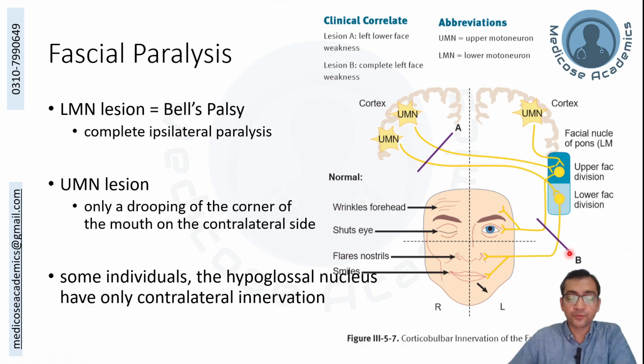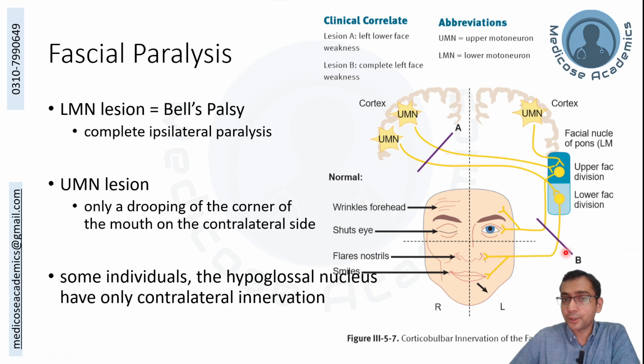Whenever you are confused whether the axon I am talking about is lower motor or upper motor neuron, just ask yourself this question: is this the last neuron on the way to the muscle? If it is, then that is the lower motor neuron. Here it is the last neuron on the way to the muscle.